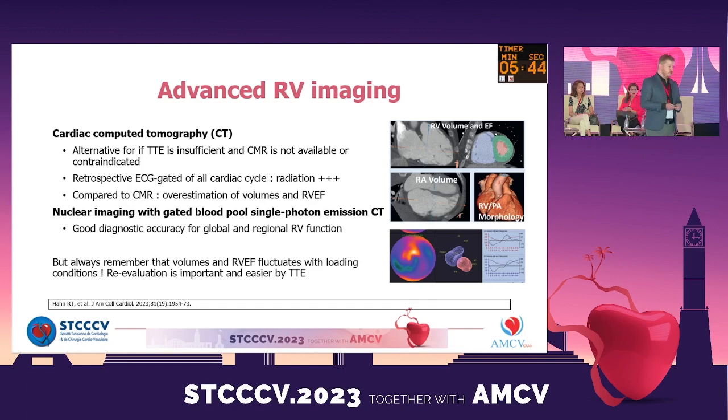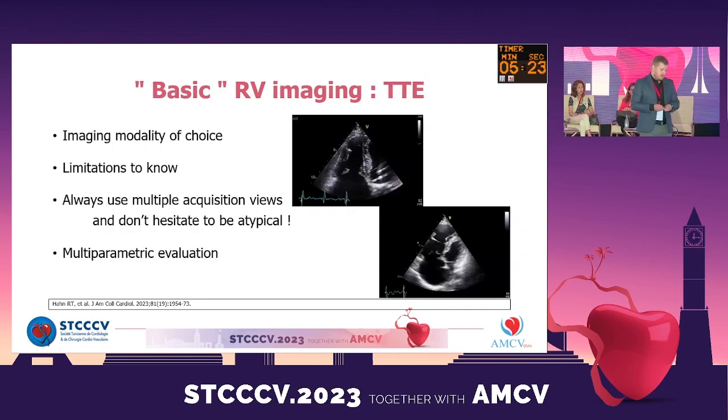You can also use nuclear imaging. It has a good diagnostic accuracy for global and regional RV function. But always remember that for the right ventricle particularly, you need to repeat those exams. So TTE is the most important because all those imaging modalities, even if advanced, are load dependent.